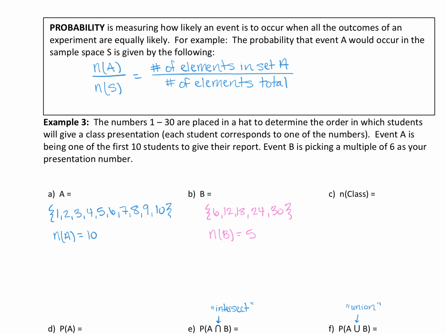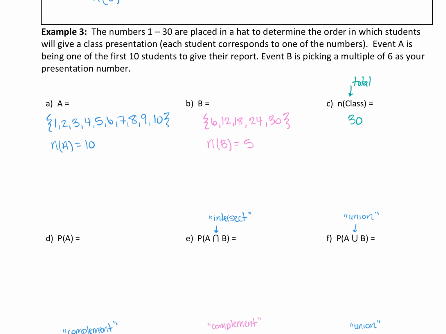And then the number of elements in our entire thing that we're talking about, so that's the denominator, the total. This is our total, because it's the number of students in the entire class, is 30. It says numbers 1 through 30, so there's 30 students in the class, because all 30 need to give the presentation.